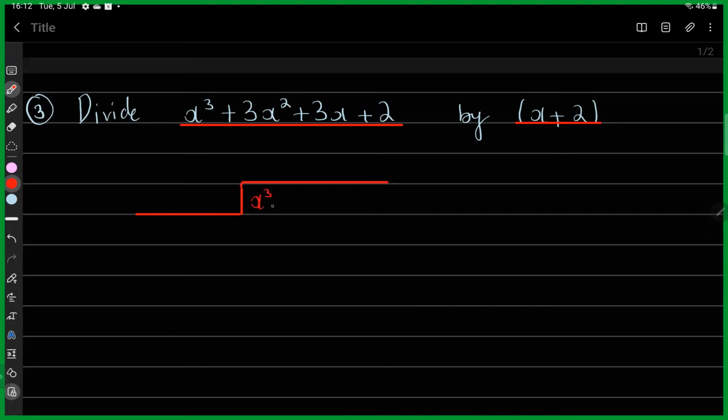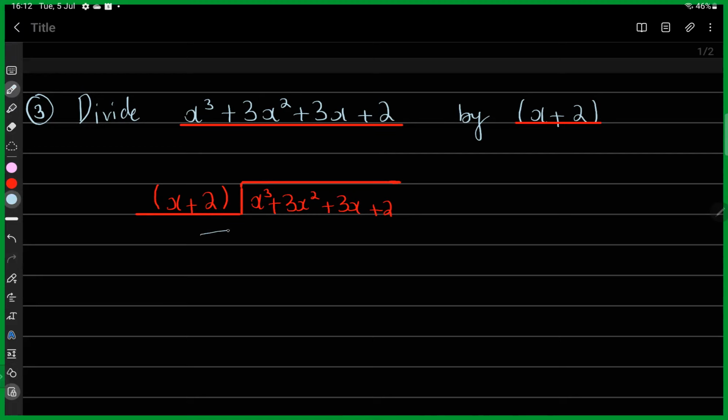It's x cubed plus 3x squared plus 3x plus 2. I would say the most important thing in maths is avoiding silly mistakes. Just make sure that you write it correctly. All right, now this is the question.